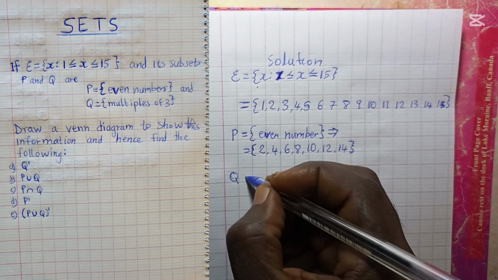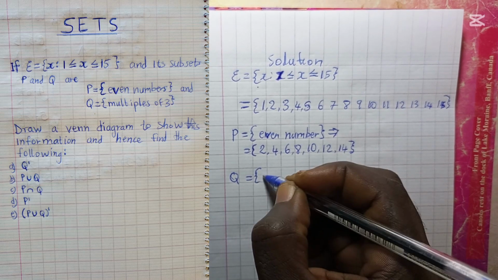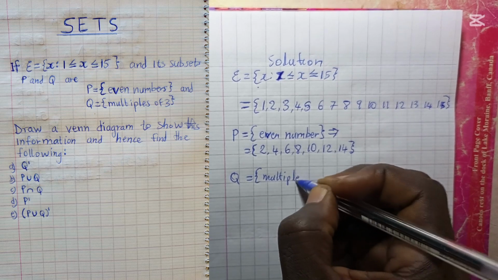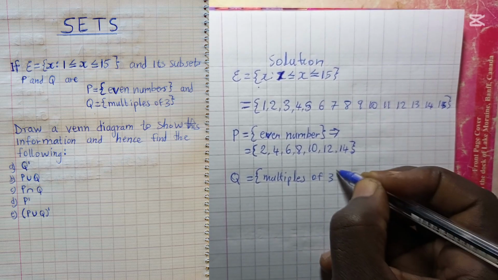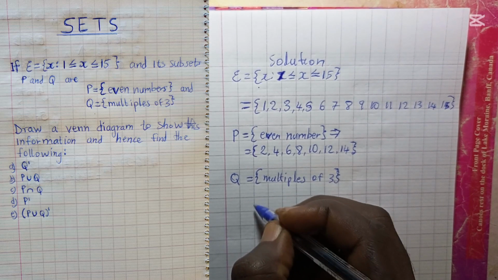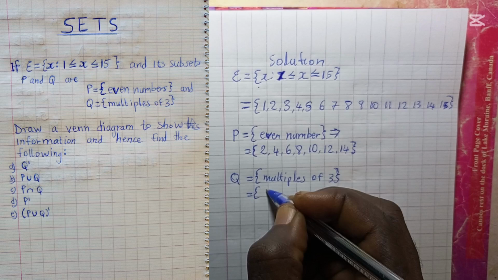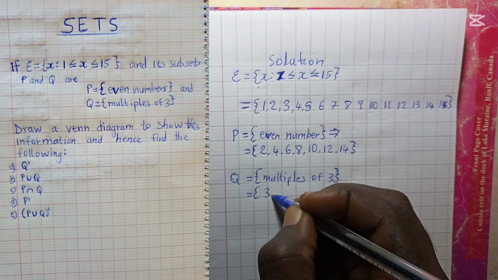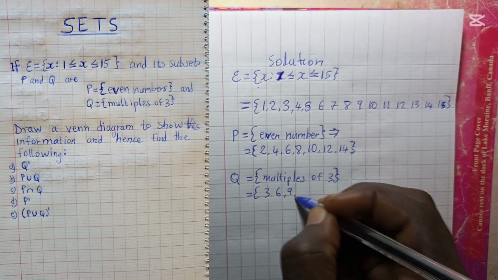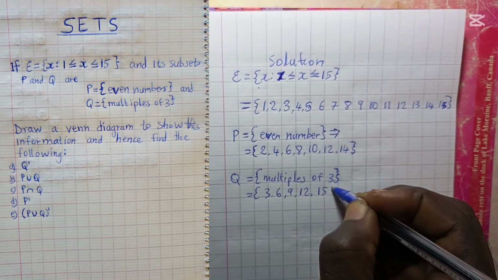Also, Q is a set of multiples of 3, which means starting from 3, the multiples of 3 are 3, 6, 9, 12 is a multiple of 3, and then 15.